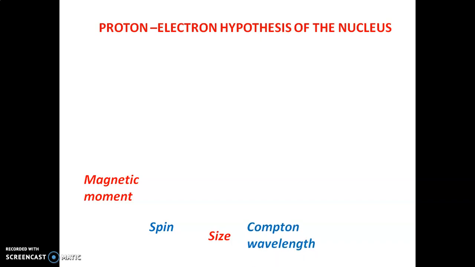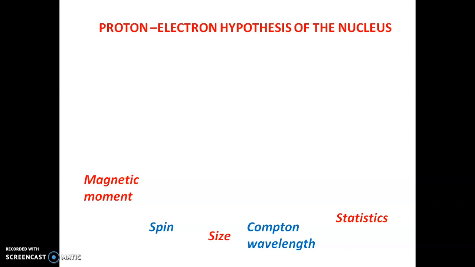Then I think you are aware of the Compton effect, so there is also the Compton wavelength associated with the elementary particles. And there is something called nuclear statistics, or the statistics of elementary particles, which perhaps you are not very familiar with. Students, we'll come across magnetic moment, spin and statistics as we proceed with our course, and we'll become more familiar with these terms and what they mean.